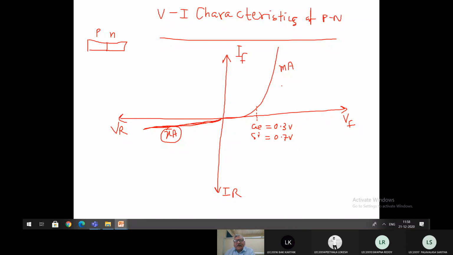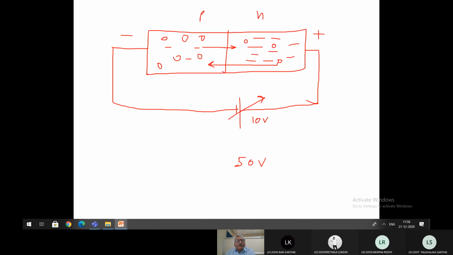It is very small, right? In forward bias, the current is due to the majority carriers. That's why current is in the milliampere range, because majority carriers are more, right? If you increase the reverse bias, the current is not increasing because the number of minority carriers is fixed.